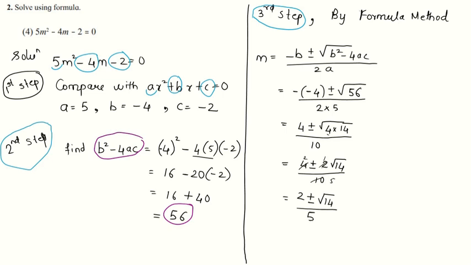Therefore, m is equal to 2 plus or minus square root of 14 divided by 5. Therefore, m can be further written as two values of m. m is equal to 2 plus root of 14 upon 5, or m is equal to 2 minus root of 14 upon 5.